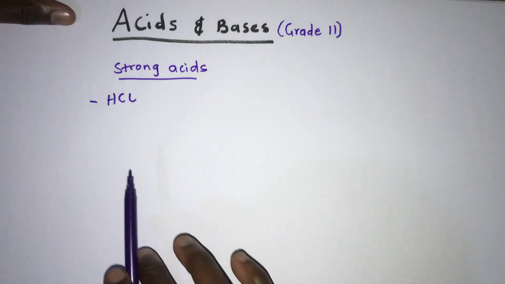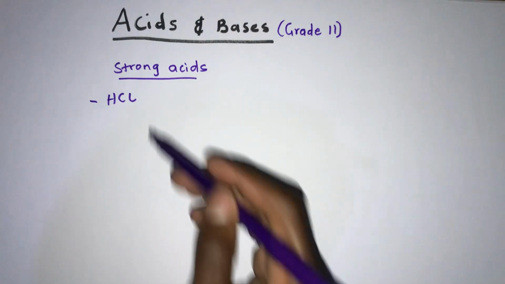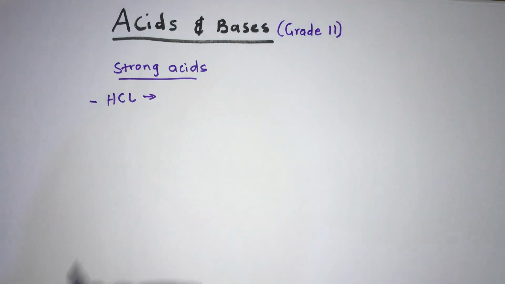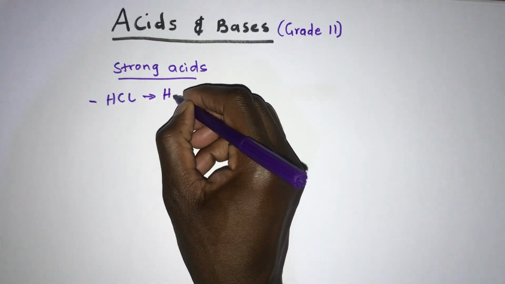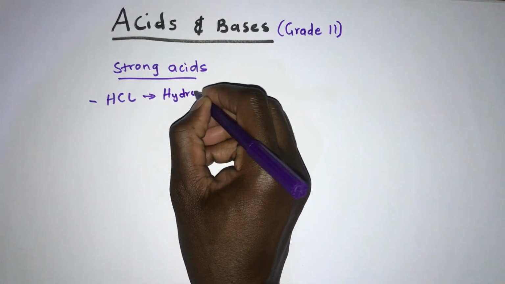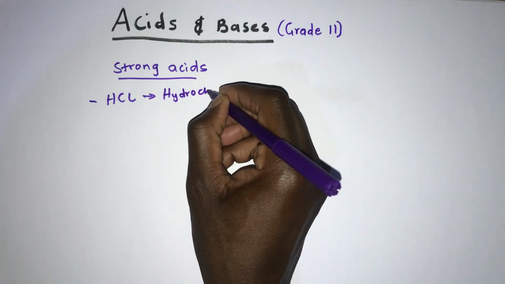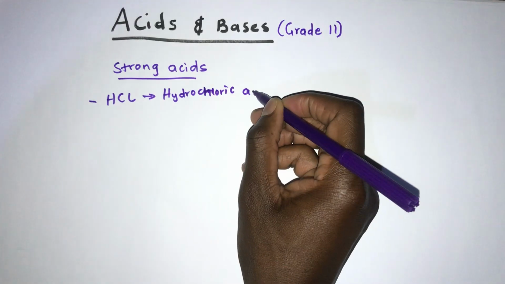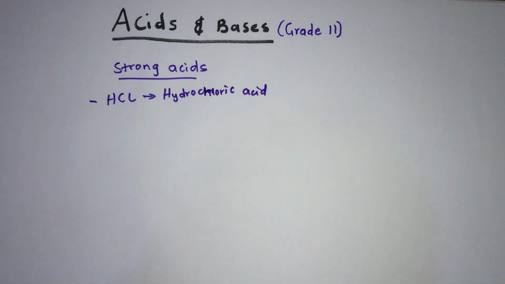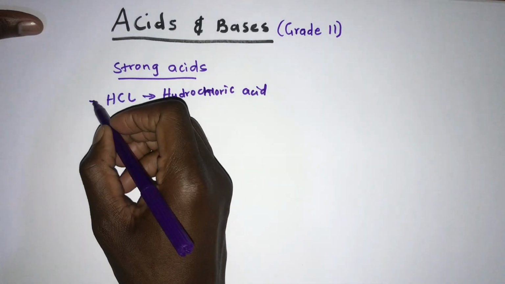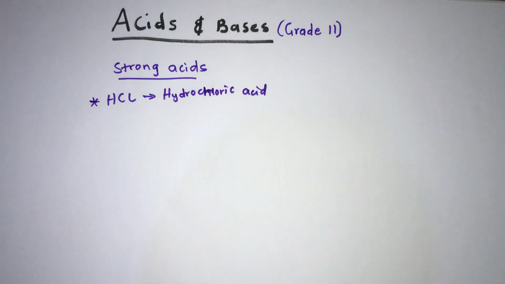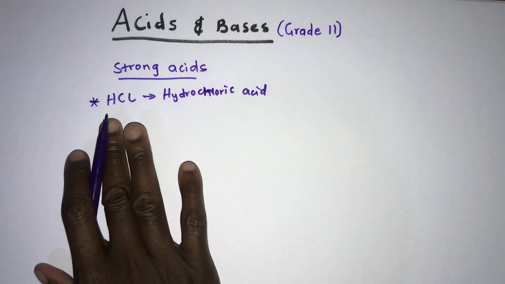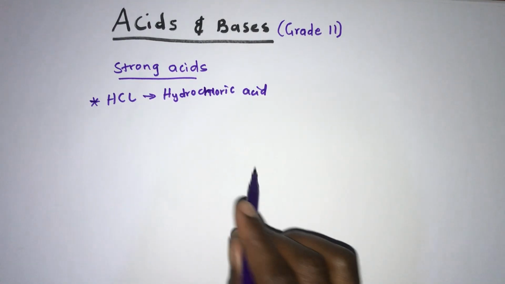HCl is the formula, and the name is hydrochloric acid. You must know the formula and the name. Sometimes they will ask you to write the formula or the name. So the formula is HCl, the name is hydrochloric acid.